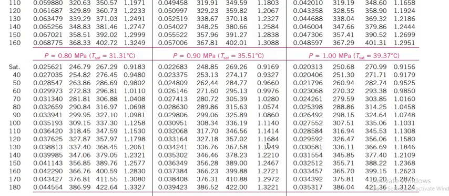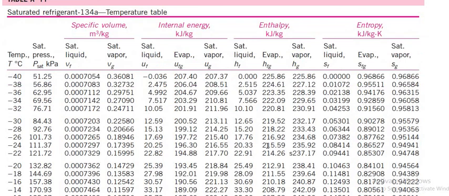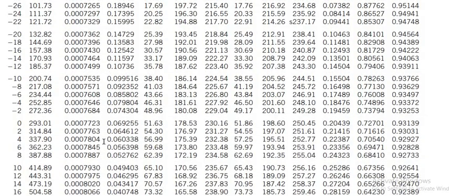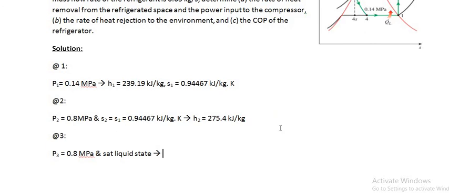So we'll go to the property table. 0.8 MPa is 800 kPa, which is here between these two values. So the corresponding value of HF between these two is approximately 95.48 by interpolation. So H3 is 95.48 kilojoule per kg.